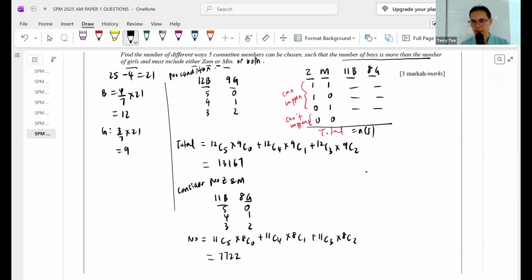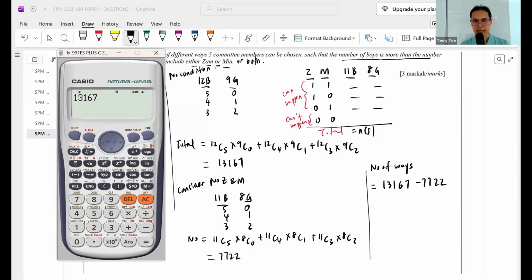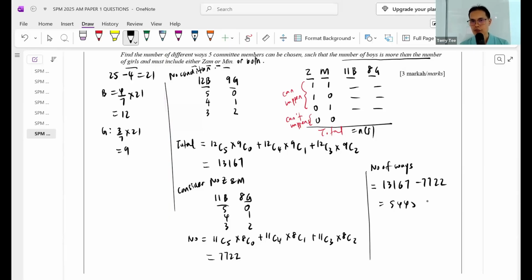And what is the number of ways? It will be 13167 minus 7722. Let's count. 13167 minus this answer, you get 5445. Yeah, that's the answer.